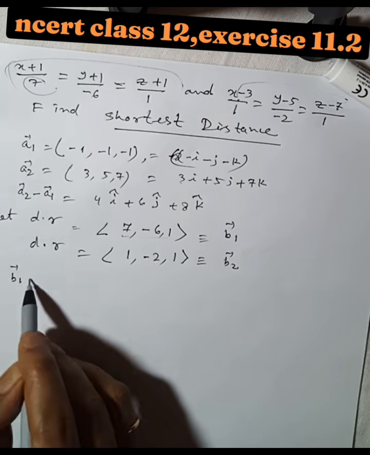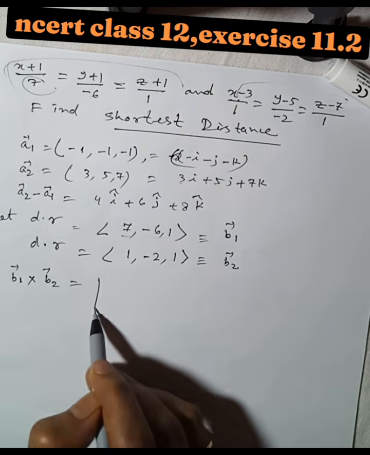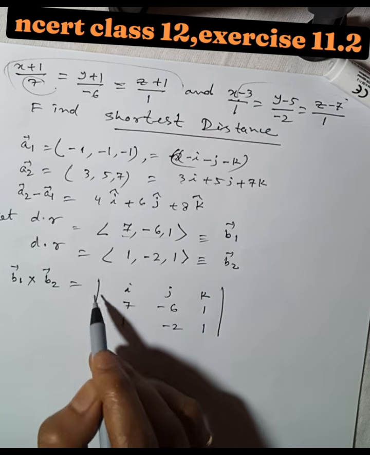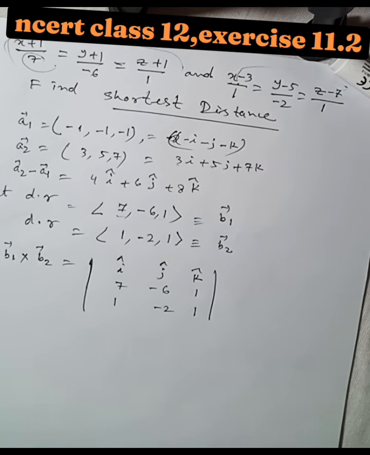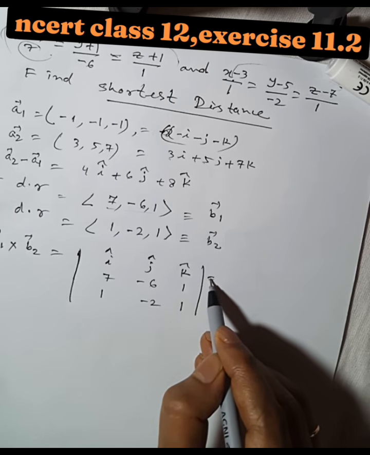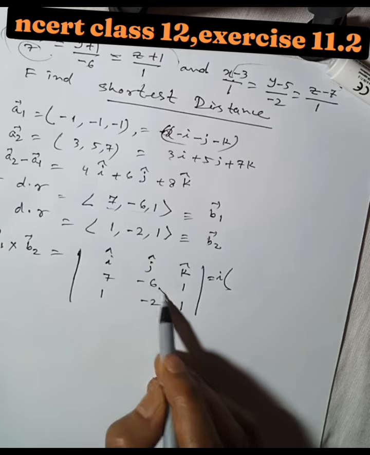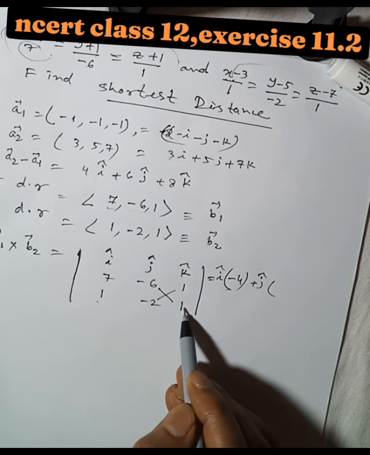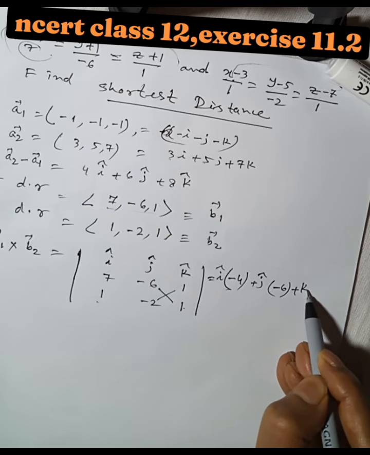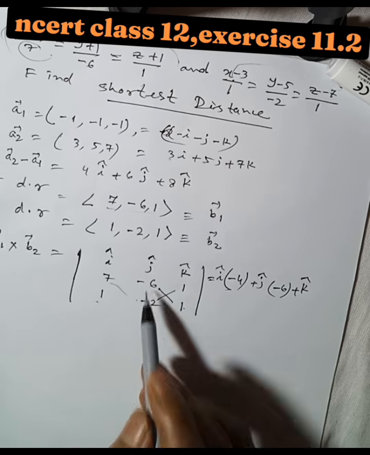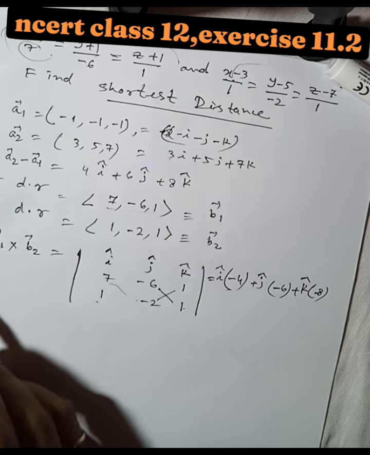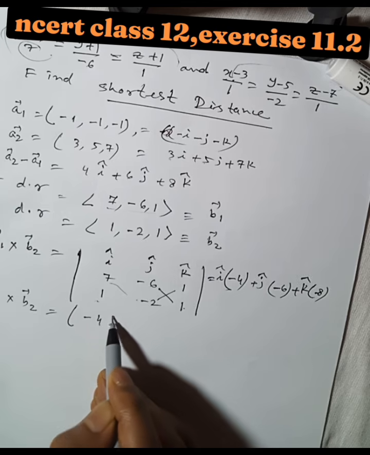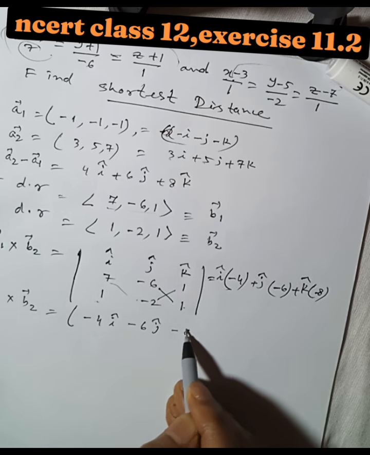So b1 cross b2 is the determinant of i, j, k, 7, -6, 1, 1, -2, 1, equal to i(-6 + 2) = -4i, plus j(1 - 7) = -6j, plus k(-14 + 6) = -8k. So the cross product is -4i - 6j - 8k.